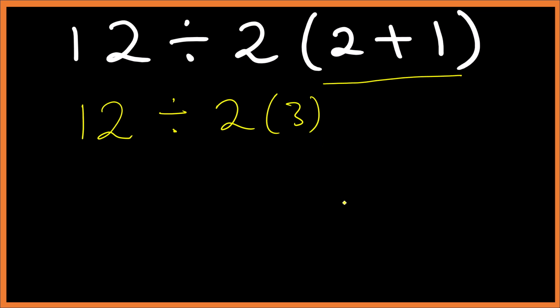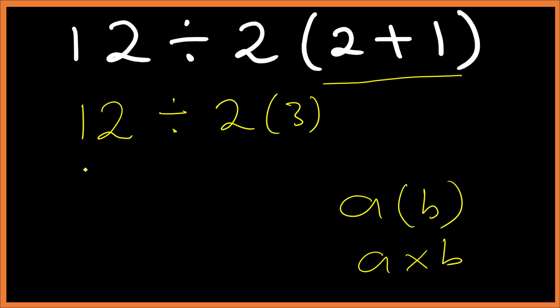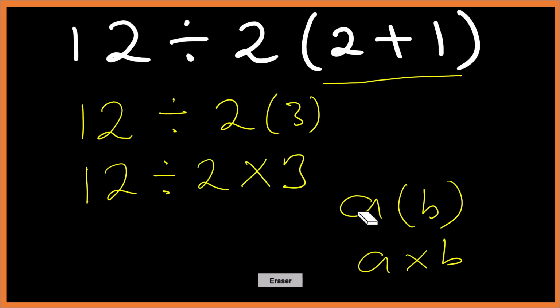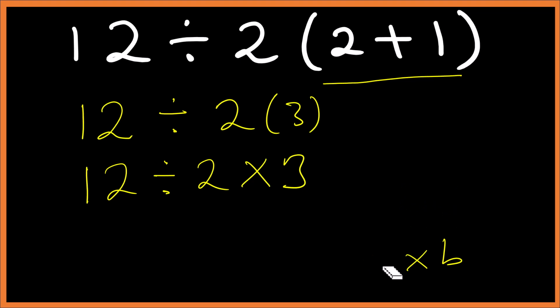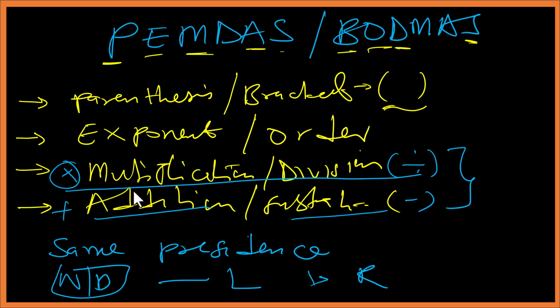Now remember that a parenthesis b is the same as a times b. So this is the same as 12 divided by 2 times 3. Now remember, we are back to the same precedence that I was talking about.